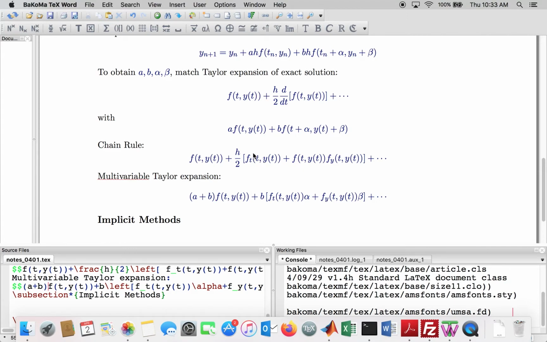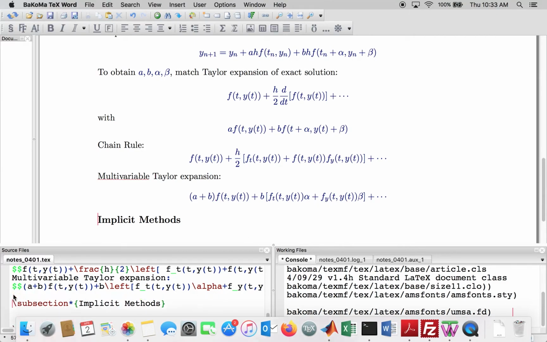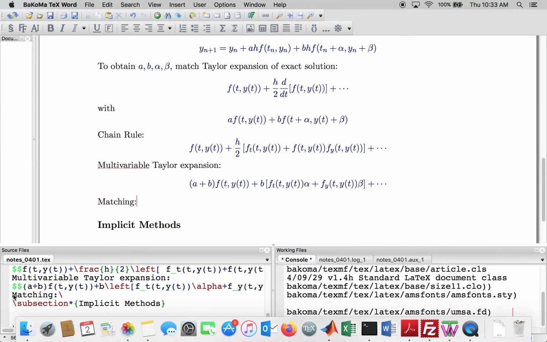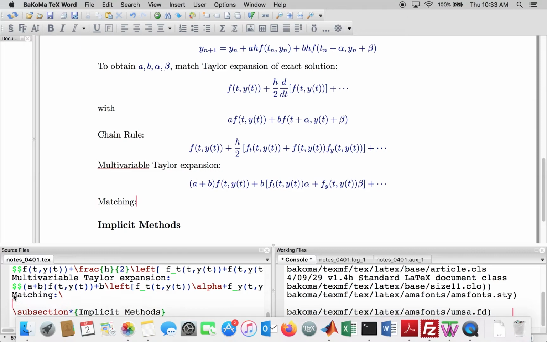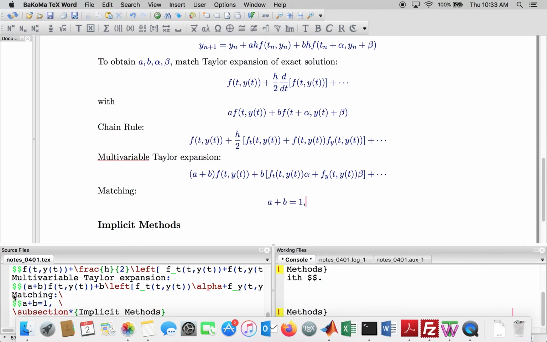And then I need to match up terms involving ft and also terms involving fy. So by matching these up, we have a plus b is equal to 1.